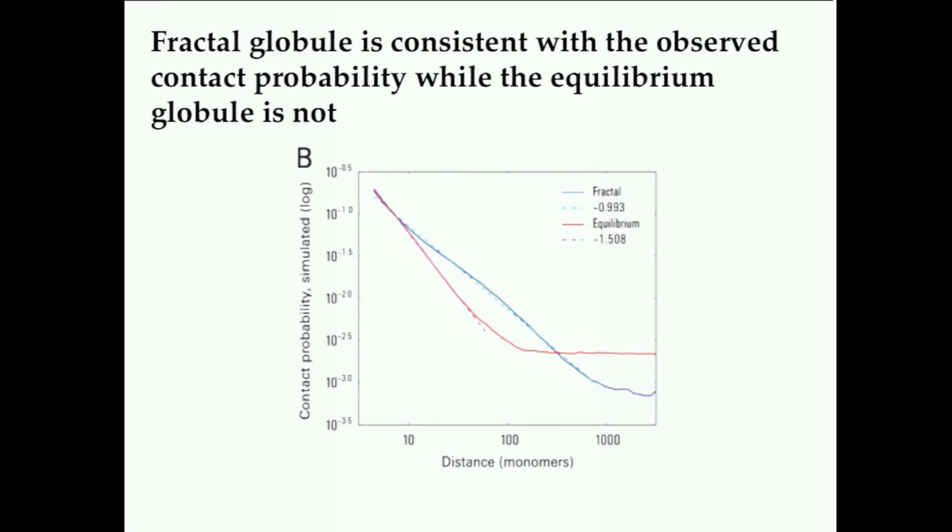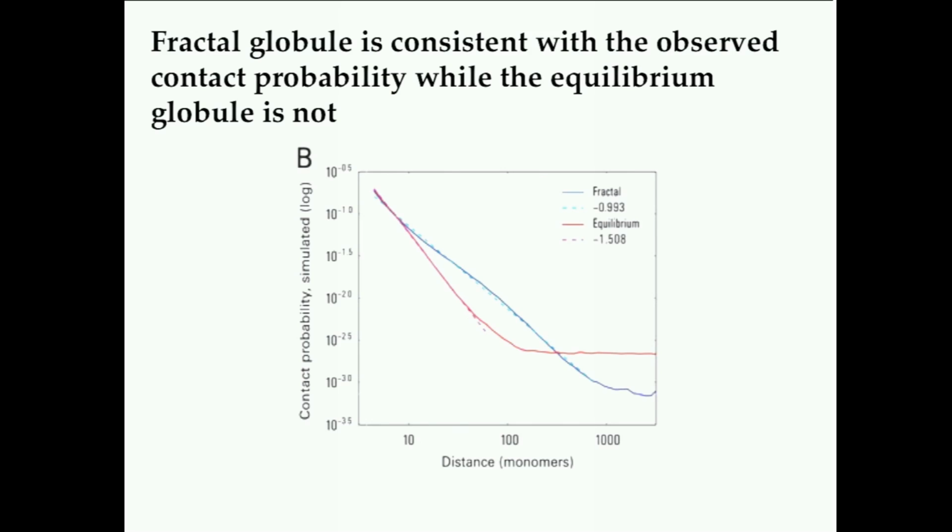All right, and the reason why they thought this model was better than the equilibrium globule or the random walk model is that when you look at the contact probability of different regions, the random walk will give you this slope, which is about minus 1.5, and the fractal globule gives you about negative 1, right?